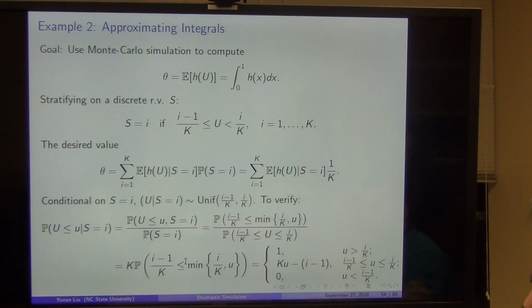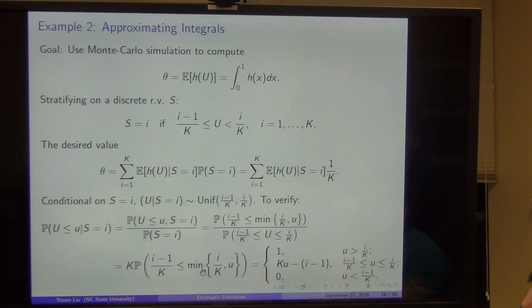The right one is the minimum of small u and i over k. But I have a probability here, so I need to have a random variable somewhere. My big U is missing. So what I'm saying is, it should be this guy less than big U, less than this upper bound.